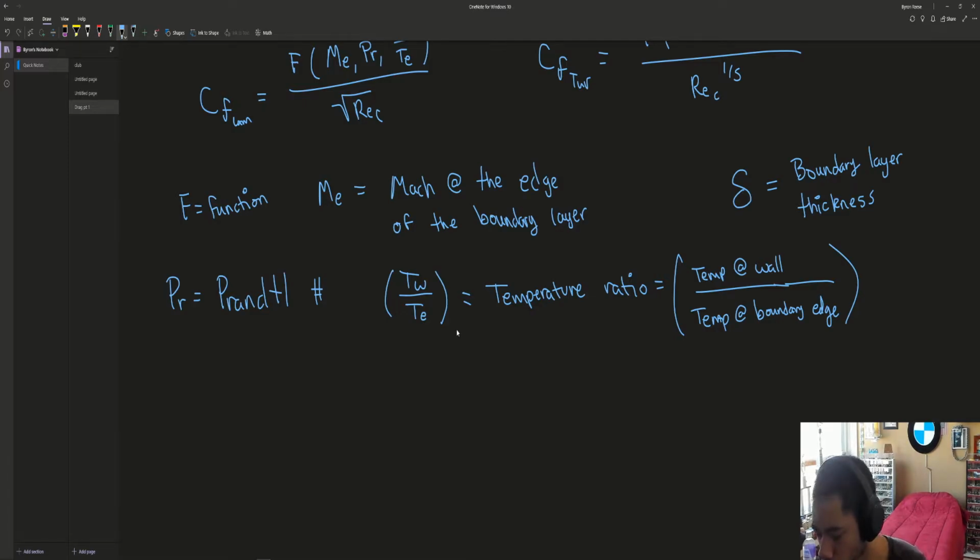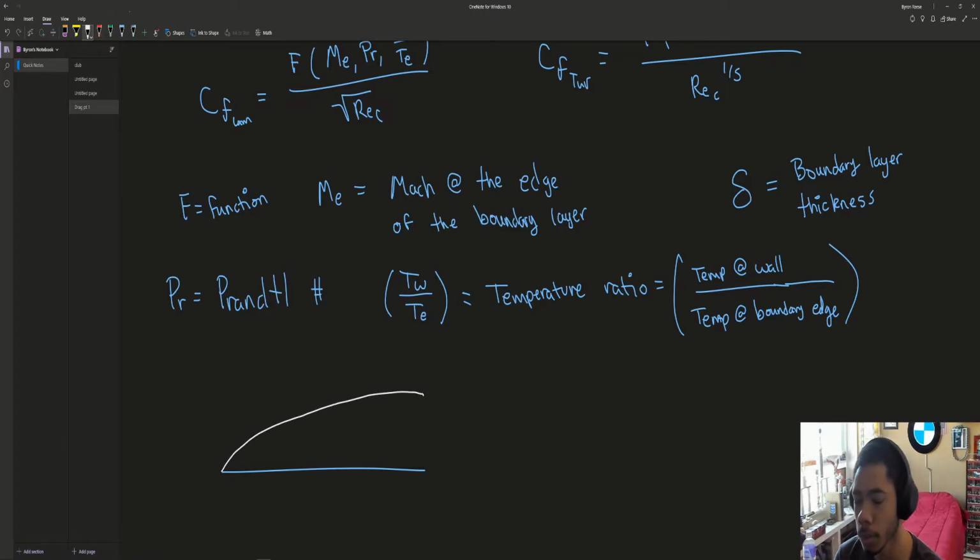So if we draw a flat plate, draw our boundary layer, so it looks like this. We're in the laminar area right now. At this point right here, we're going to have TW. Now, if we draw a line through it, this right here, we have our T wall.